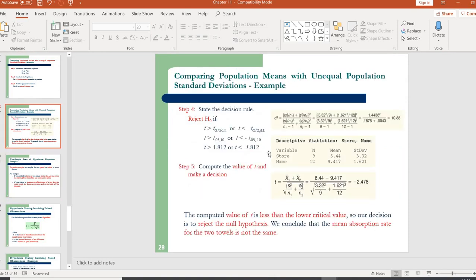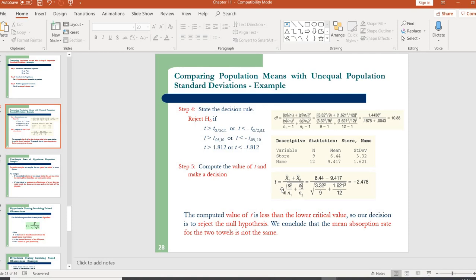Now here we are. So we state the decision rule. The decision rule will be t more than t alpha divided by 2 with the degrees of freedom, and I've shown how you determine the degrees of freedom, or t less than minus t alpha divided by 2, because it's a two-tailed test. In order to decide whether we can reject the null hypothesis, we need first to calculate the t.